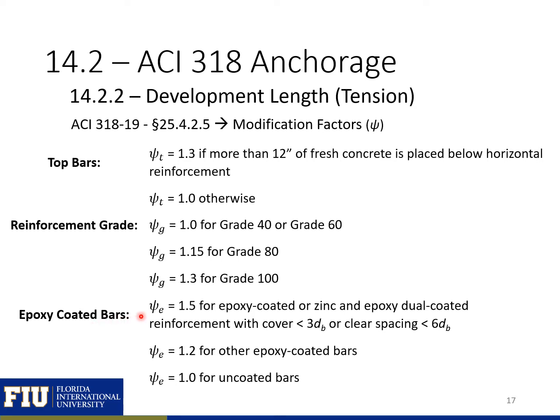If you have epoxy coated or zinc and epoxy dual coated reinforcement with the lesser covers, then you need to magnify the development length by 1.5. Other epoxy coated bars 1.2, and for all uncoated bars 1.0. Past research has shown that generally epoxy coated reinforcement will require longer development lengths than uncoated bars. So that's taken into account with this factor.